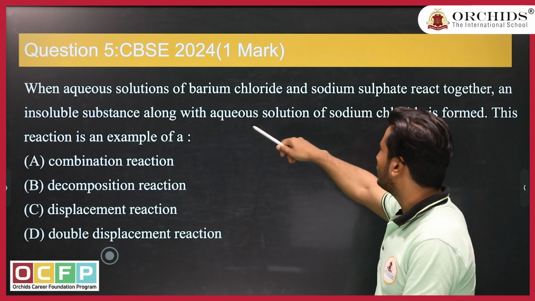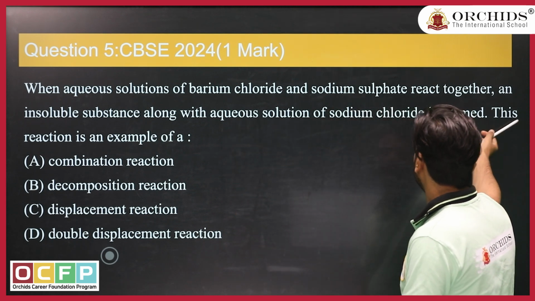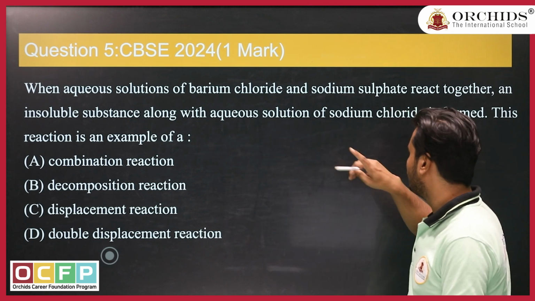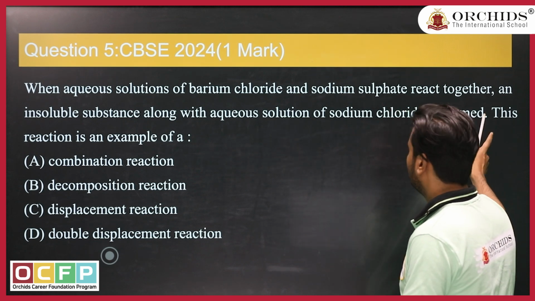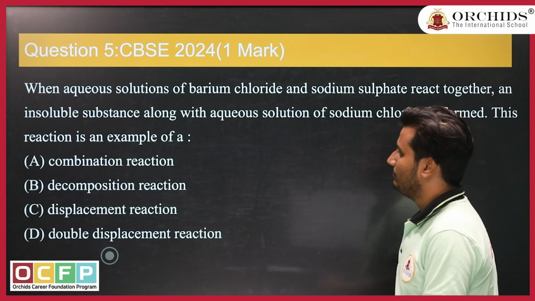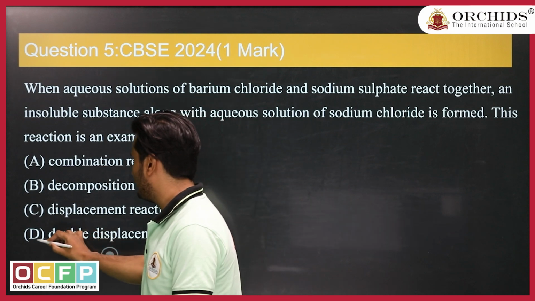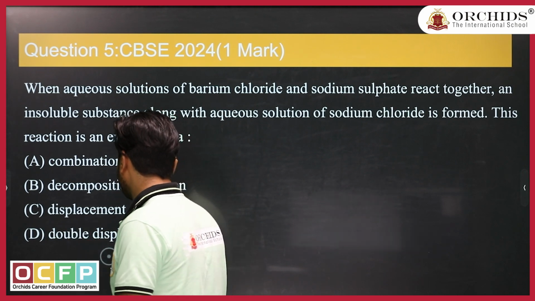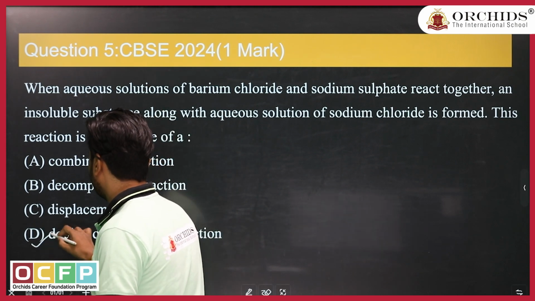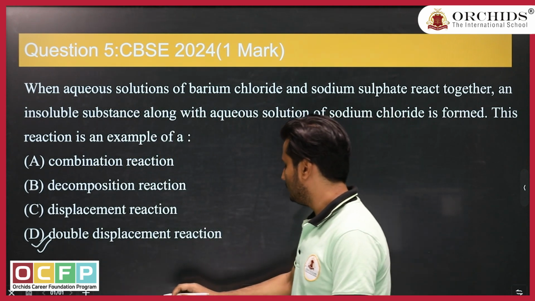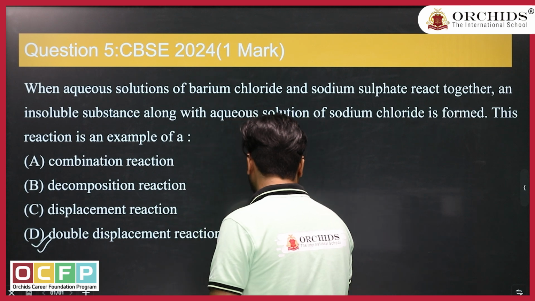When aqueous solution of barium chloride and sodium sulfate reacts together, an insoluble substance along with aqueous solution of sodium chloride is formed. This reaction is an example of. So just now we have seen this reaction is the example of double displacement reaction. Let's move on to our next question.